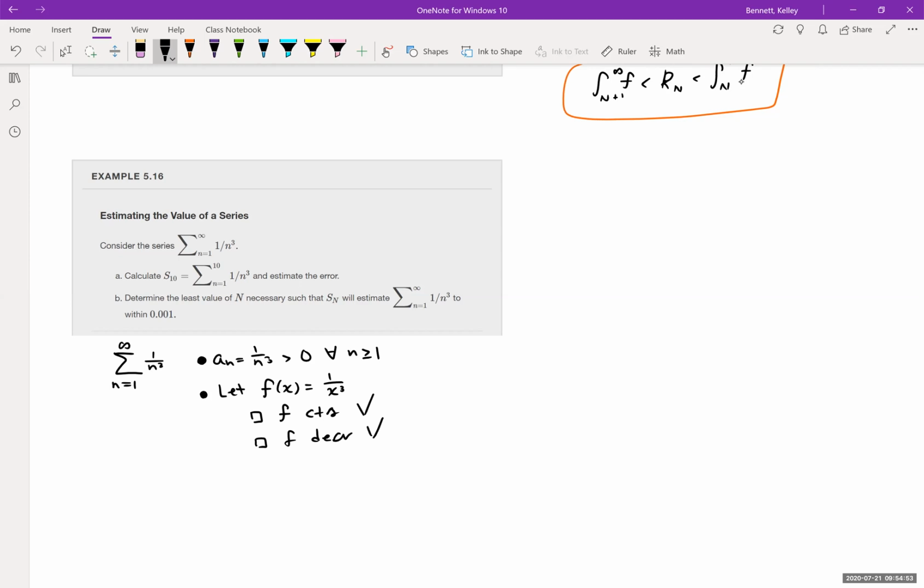We showed this before, and that f of n equals 1 over n cubed. Maybe I'll write it like this so it's clear: f of n equals a sub n for all n greater than or equal to 1. And so that's where capital N was equal to 1.